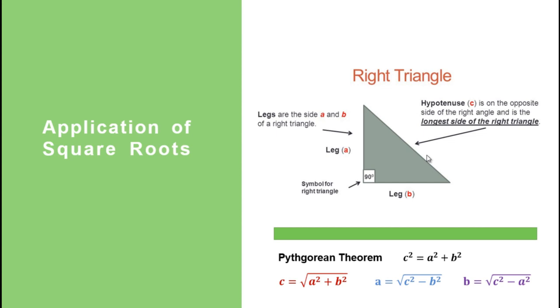Square roots have applications to real numbers and real life situations. The applications of square roots are more on the cases of the right triangle. Although a lot of fields apply square roots, in mathematics we focus on the right triangle.